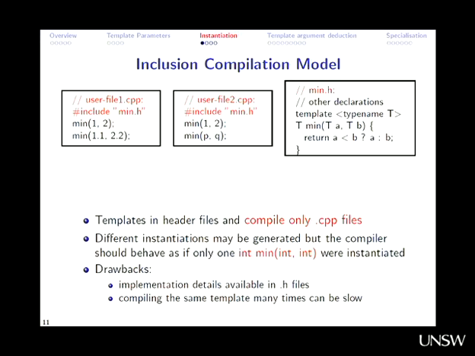So if we're trying to create some sort of top secret piece of code that nobody wants to see the implementation details of, well, too bad. Once it's in a template, it's available for everyone to see. Compiling the same template multiple times can also be quite slow. So you've got functions that hash include the same template file multiple times. Even with header guards, you can have problems.